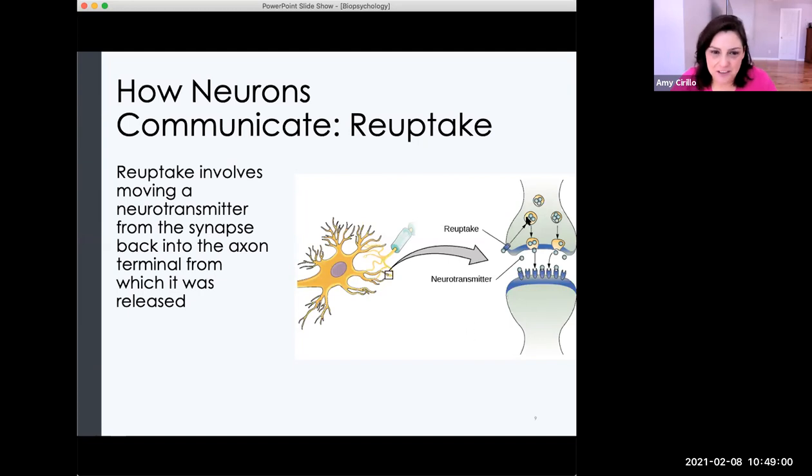So if you think of this sending neuron as the cupcake maker, it's getting tricked into making more serotonin. Does that make sense to you? Because if there's not any coming back, it's thinking, not that they have existential angst or anything, but it's tricked into thinking, I need to send more out because nothing's coming back.